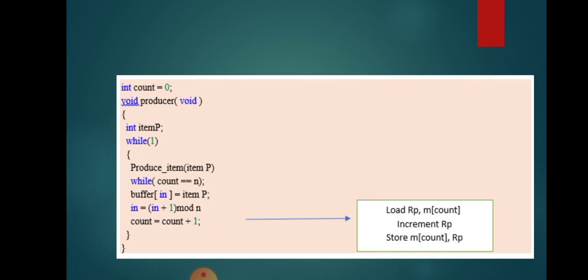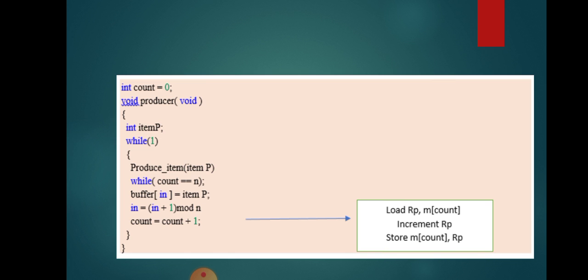This indicates the next item in the buffer. After that, in is equal to (in + 1) mod n, which means we will get the new value for the next item. Count is equal to count + 1 means load RP. What is RP here?